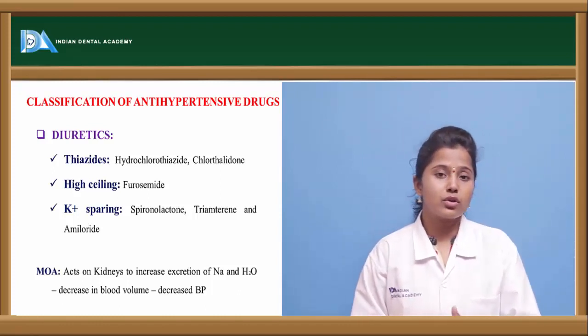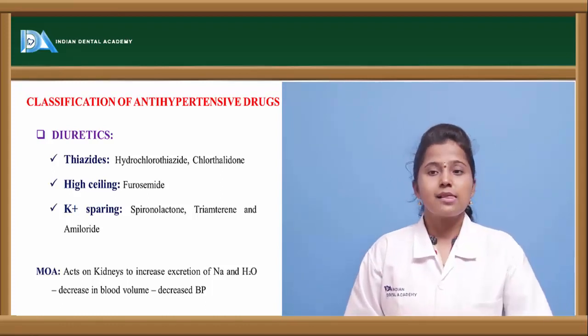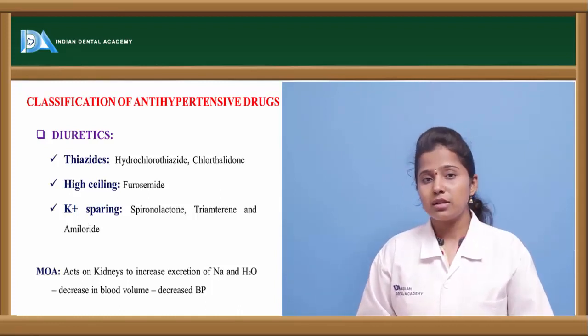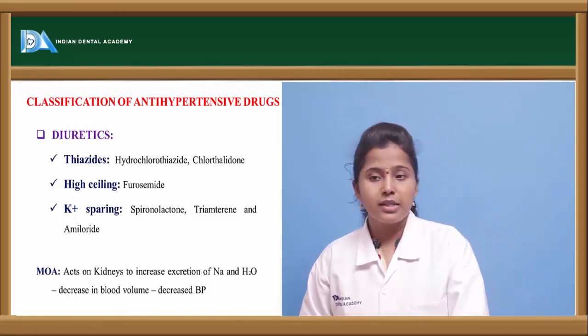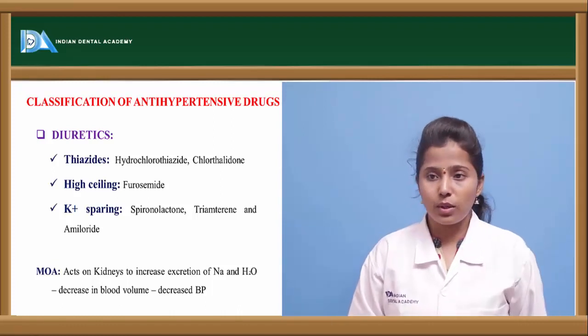If water or sodium is retained, the blood volume will increase, and the blood will exert high pressure on the blood vessels. That is the reason blood pressure occurs. If this excess amount of sodium and water is removed out of the body, definitely blood pressure will decrease.